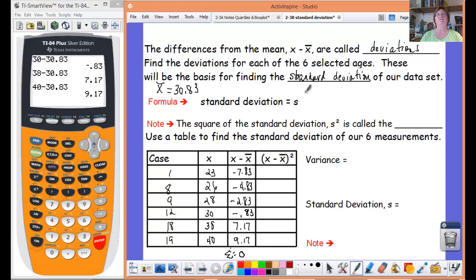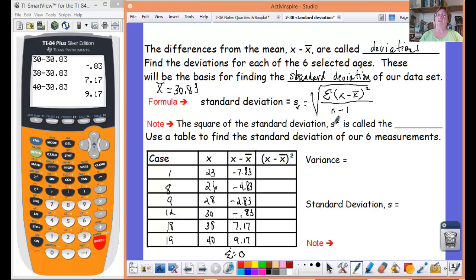So here's a formula for standard deviation. The letter that we use is S. When you see it on a calculator, it will say S sub x. And that formula is this. It's the square root of the summation of, so there's the sigma, all of the x minus x bars, which we just found, all those deviations squared, and then a standard deviation averages that by dividing by, in this case, since we're talking about a sample, n minus 1.